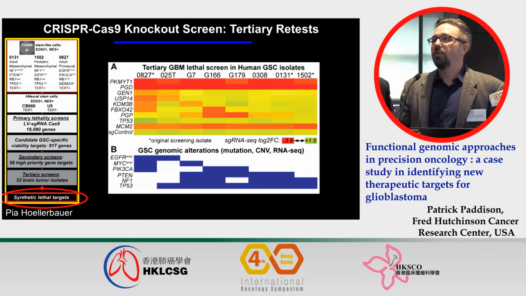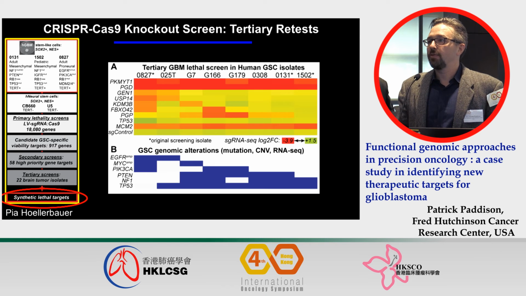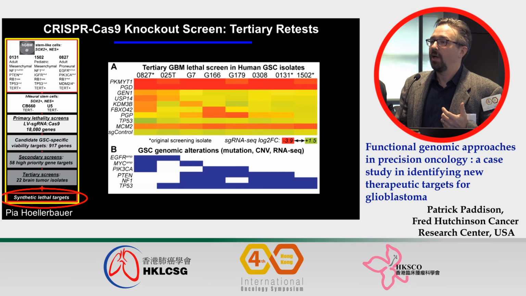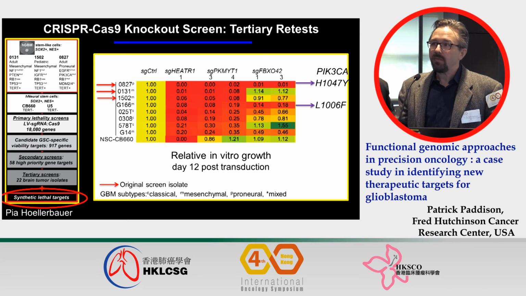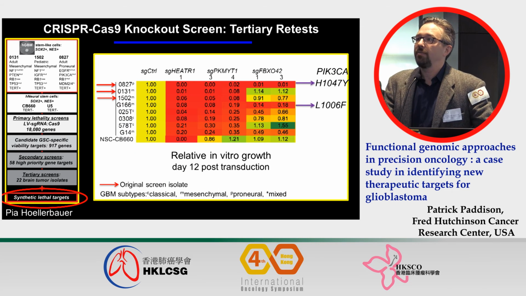So we've been able to do these smaller scale screens and actually start to identify candidate synthetic lethal genes, because we know the molecular genotype of the isolates that we're screening, and so we can come up with possible predictions. And one example of that is here.